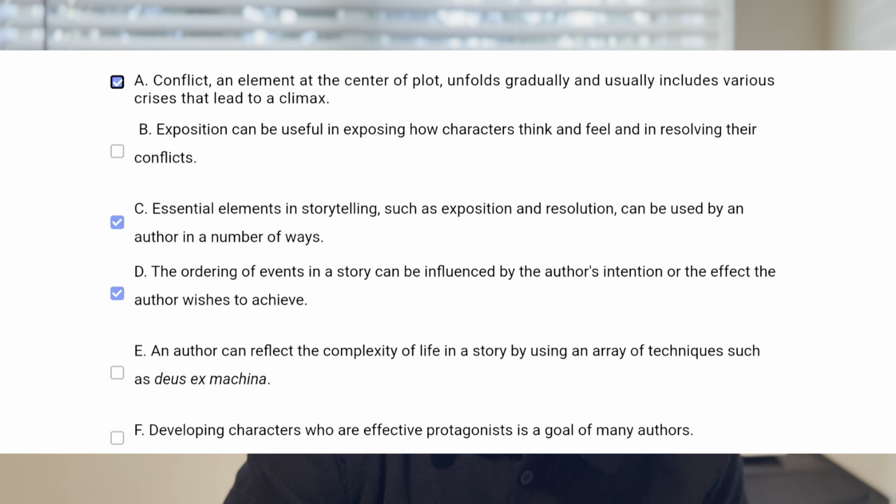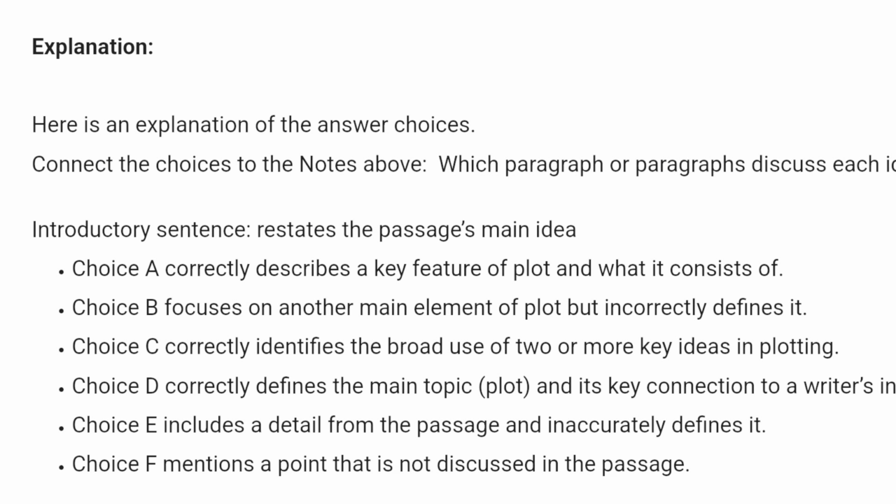And it is an essential element in storytelling; the ordering of events can be influenced by the writer. So these are some of the right answers. If you see it, A is right because it describes the key feature of a plot and what it consists of. Again, it is contributing to the main idea.